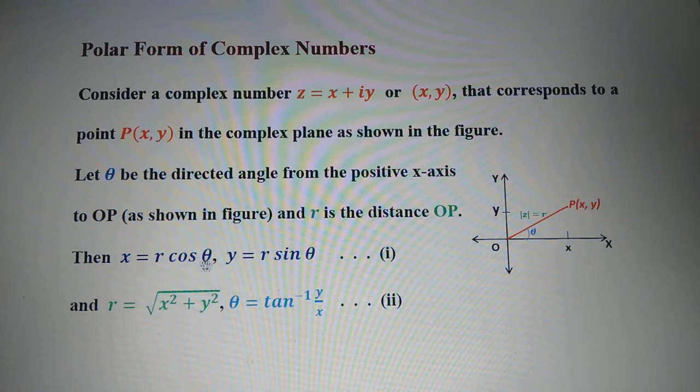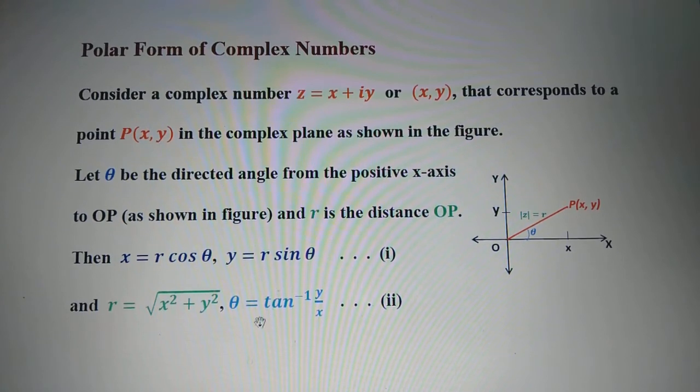And from these two equations, if we take r sin theta upon r cos theta, that is equal to y upon x. R gets cancelled and we get sin theta by cos theta, that is tan theta, equal to y by x, and therefore theta is equal to tan inverse of y by x.